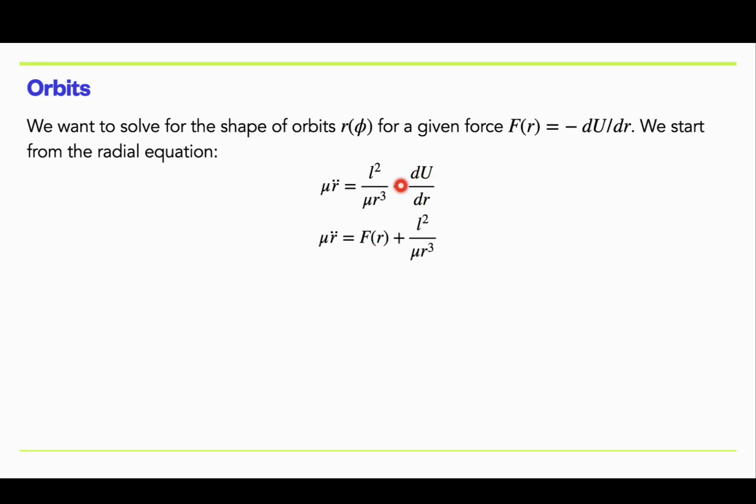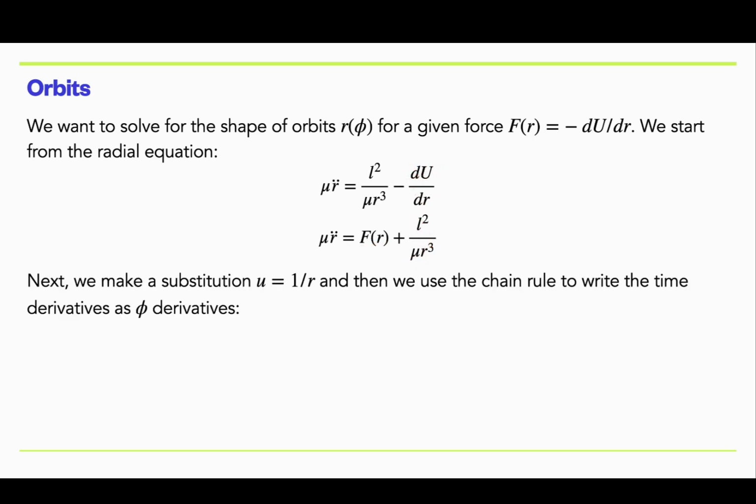So we'll replace this term with the force, and then we get the centrifugal force. In order to solve this equation, it's going to be a lot easier if we do a substitution. So we're going to define a variable u as 1 over the radial coordinate r. And so we're going to try to write everything in terms of these u variables.